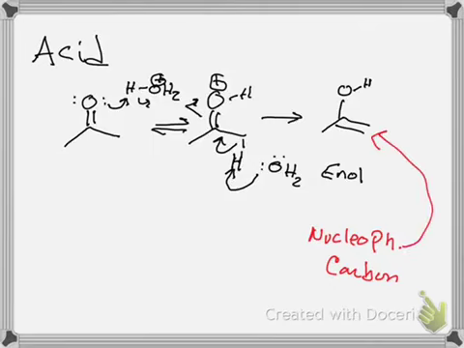So that gets into about half of what this chapter is about, which is nucleophilic attack from the enol or the enolate carbon. The second half has to do with conjugate additions, and we'll talk about that when we get there. So really, this video is all about prepping you for what's coming up.